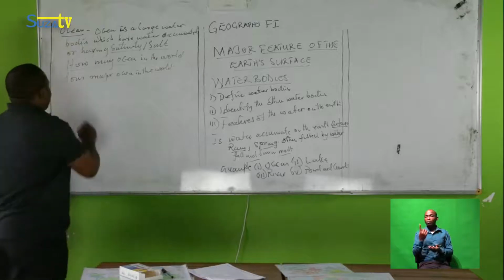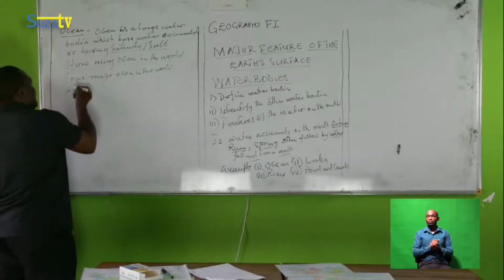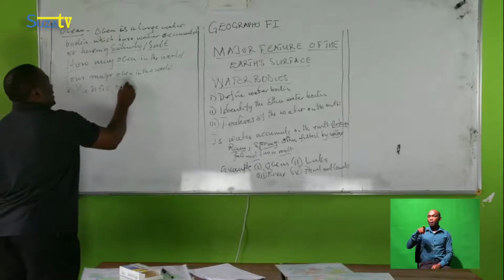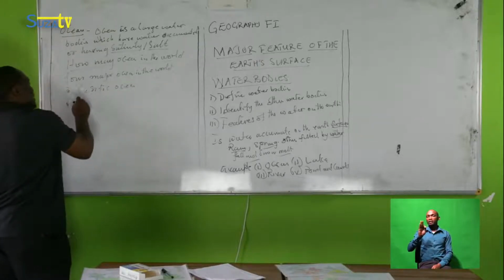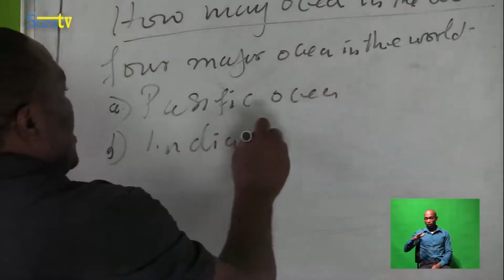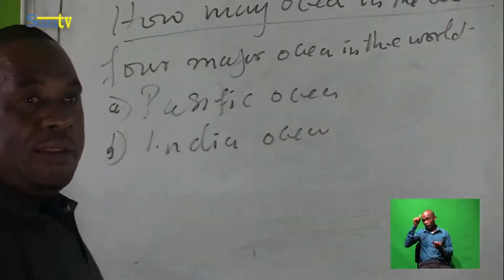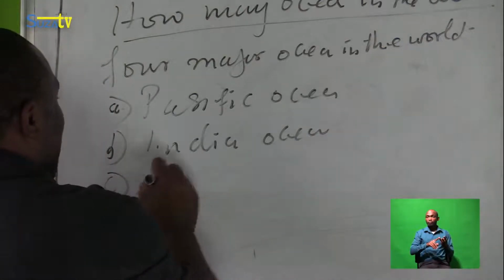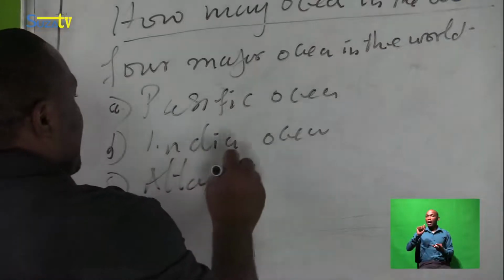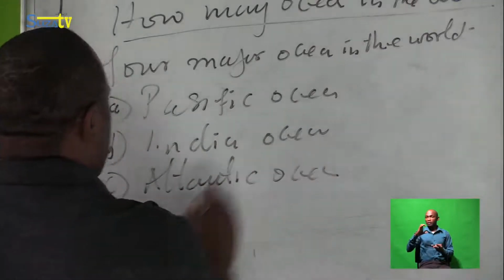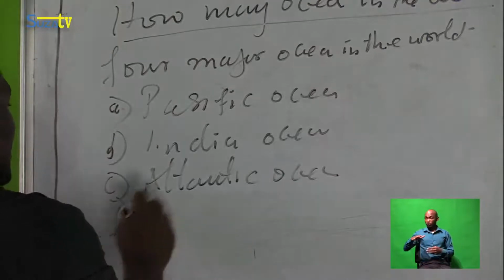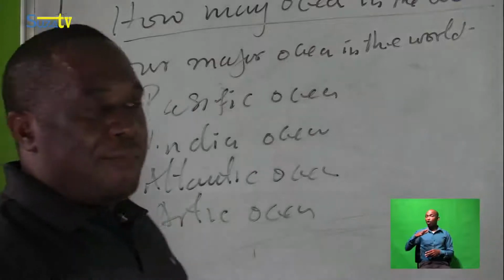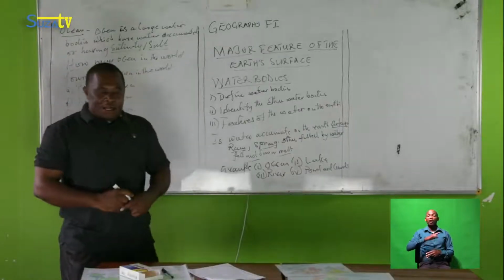A is the Pacific Ocean. B is the Indian Ocean. C is the Atlantic Ocean, and D is the Arctic Ocean. So these are the major oceans in the world.